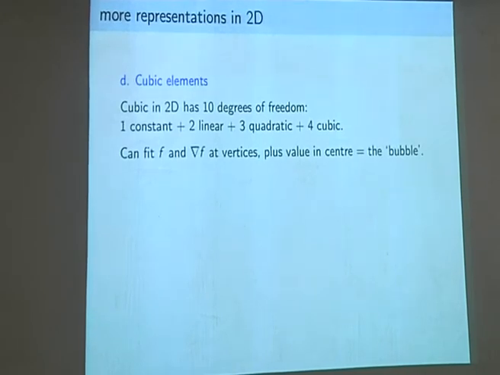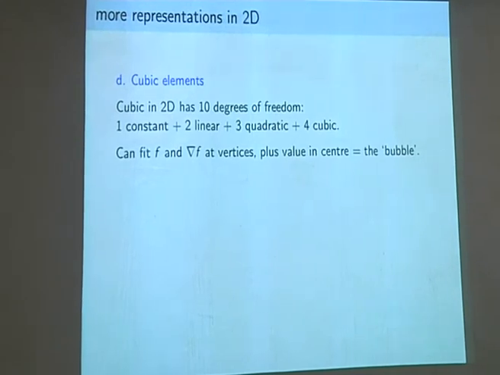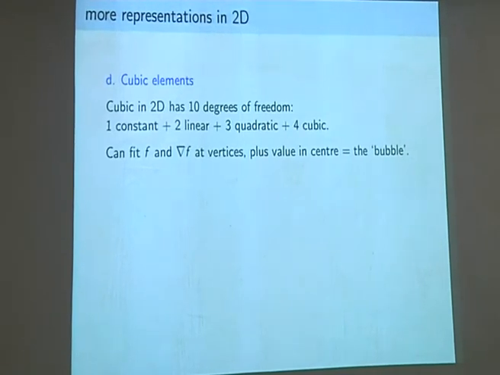What we tend to do with the last term is make it vanish at all of the vertices, with derivatives vanishing at all the vertices, and equal to 1 right in the middle. And that has a curious name. It's called a bubble function. It just pops up in the middle, but there's nothing around the sides.